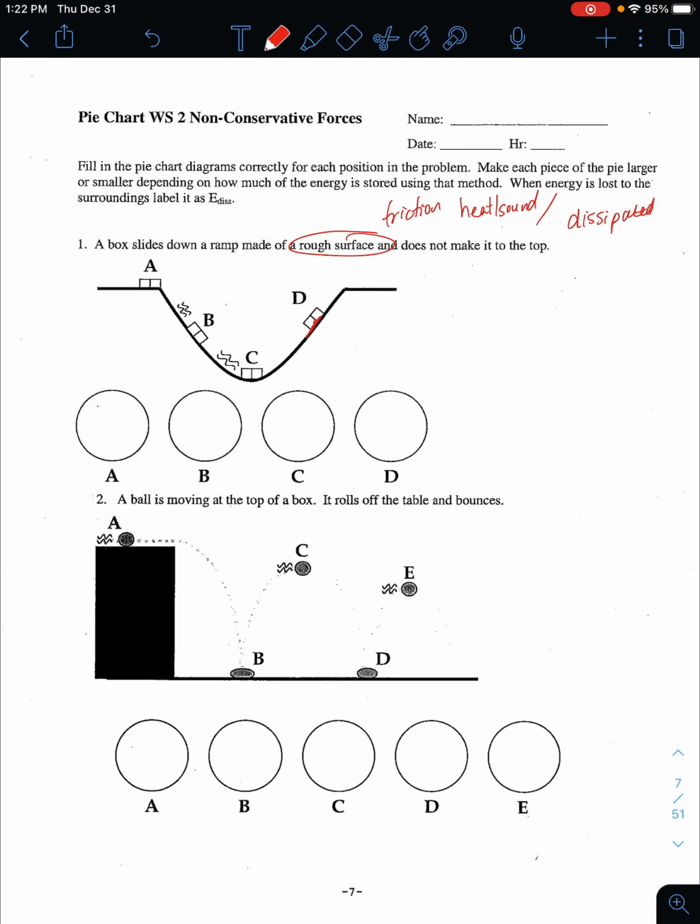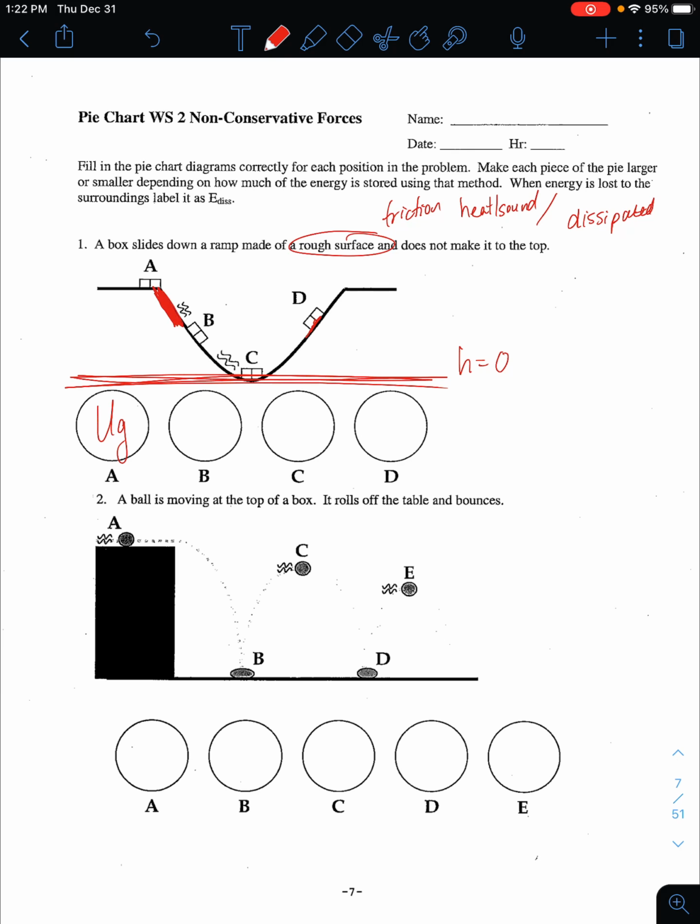So A is still going to have all the same gravitational energy that it had before. C is still going to be my height of 0. But friction's going to start acting on it after my initial state. So I don't ever start with dissipated energy. But from A to B, I think that it's rubbed against the surface a little bit. And so I think a little energy's been dissipated.